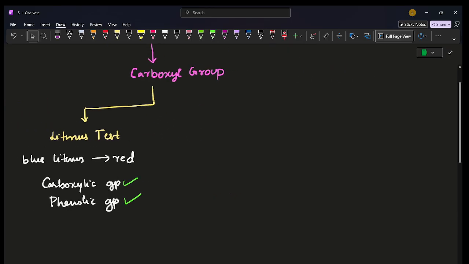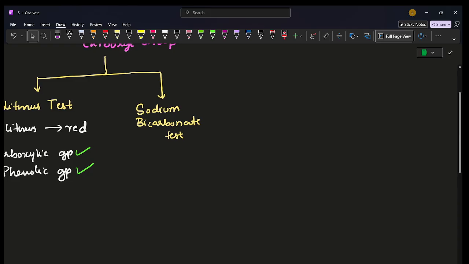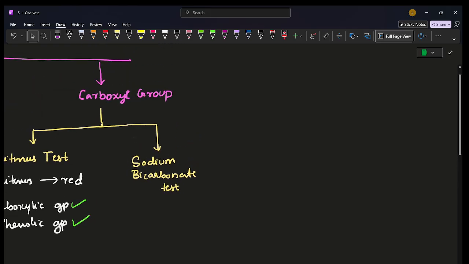Okay. Next you have sodium bicarbonate test, also known as sodium hydrogen carbonate. I think this is very normal. Wherever there is hydrogen, you kind of put bi there.